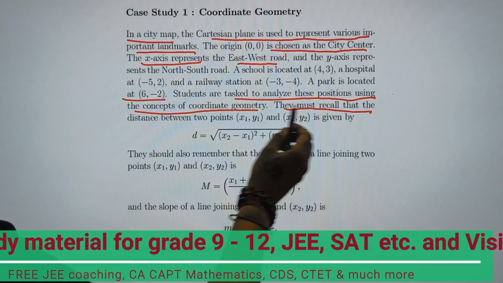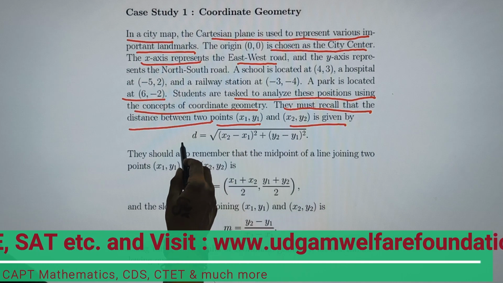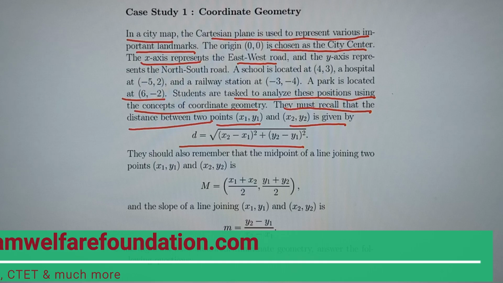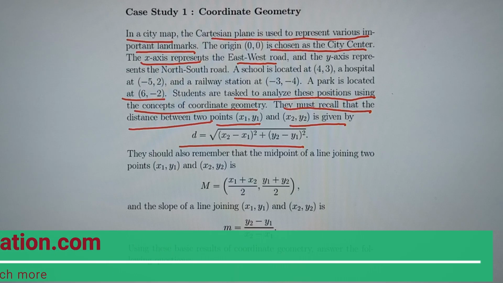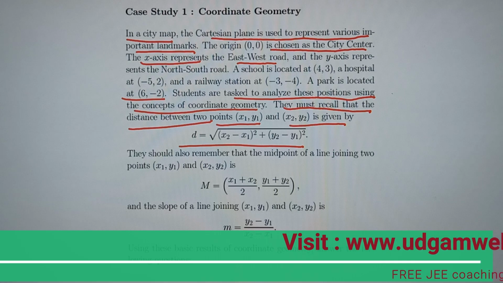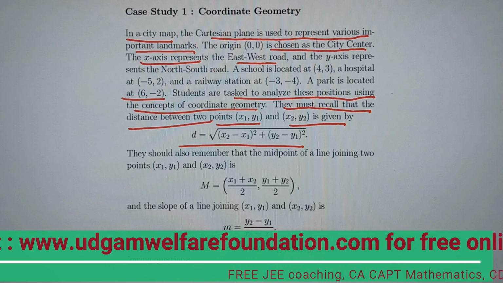They must recall that the distance between 2 points (x1, y1) and (x2, y2) is given by this formula. So students, here I have given you the formulas for your reference, and you have to remember this, that you are not going to get these formulas in your examination. So make it clear.